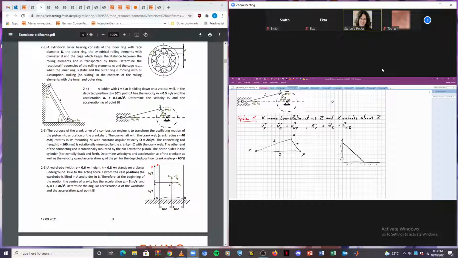What it will do is slide downward and at the same time backwards. And then this might be a position later in time before the ladder hits the ground. Now, we are not able to describe this motion of the ladder like this because it's not a simple rotation and it's also not a simple translational motion.